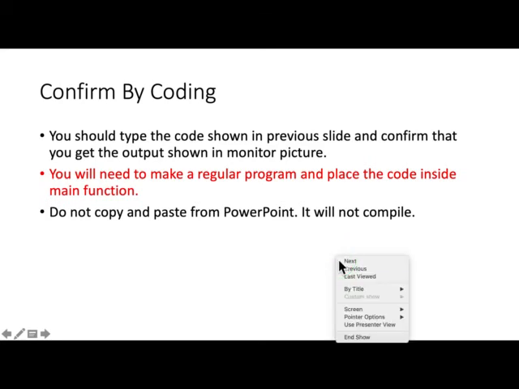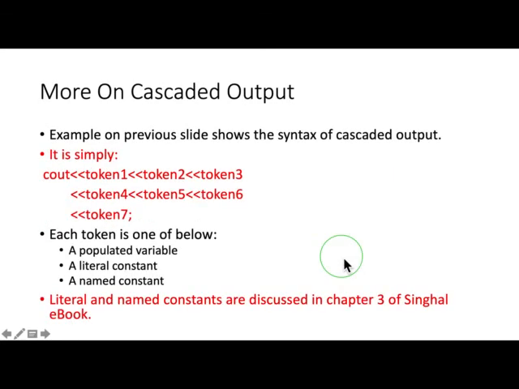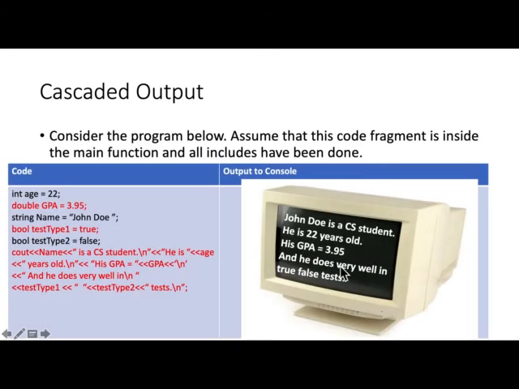So what you should do, let me go back. Type this code in the main function. Do not copy and paste, because the code will not come out right, and then you're going to get frustrated. Actually, declare a main function, type this code, and then confirm that this is coming out correctly.